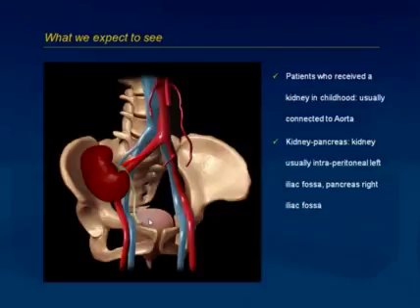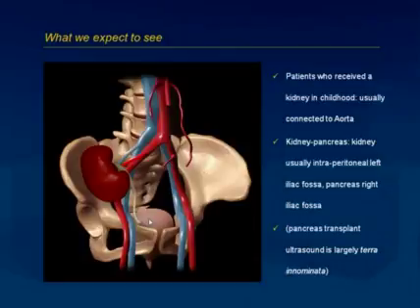The pancreas transplant is usually on the other side, in the right iliac fossa, although pancreas transplant ultrasound is largely unknown territory and will not be covered in this talk. It's a nice challenge for the advanced ultrasound practitioner, but we have yet to learn the meaning of, for example, the resistive indices in the pancreas transplant, or measuring the volume of the pancreas transplant. That is unknown territory. Its meaning is not yet known.